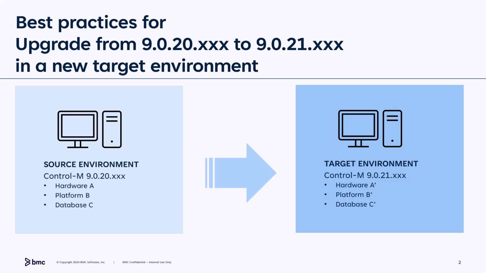The third reason is database. One may need to switch to a new database vendor or database version. These three reasons highlight the key advantages of creating a fresh environment that is specifically tailored to the requirements of the new version. Let's go into each one of these with a little more depth.